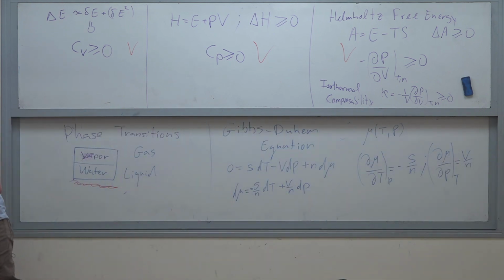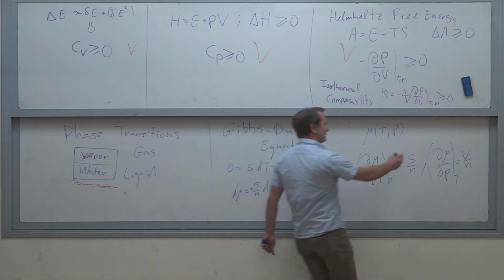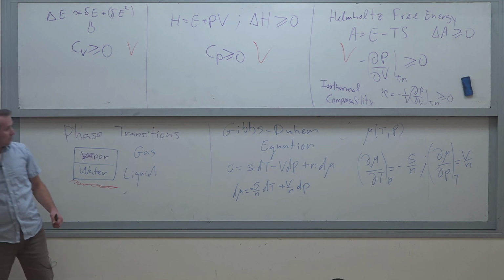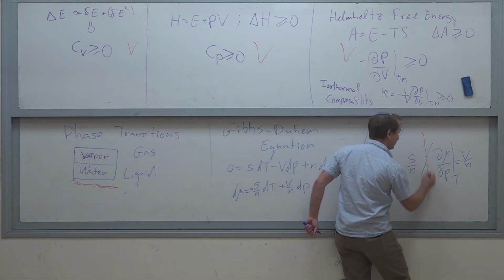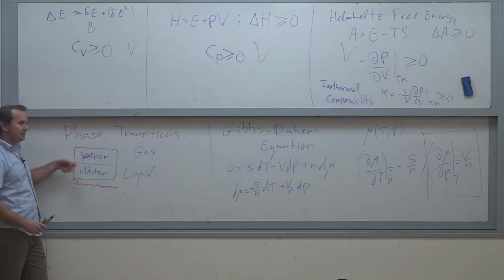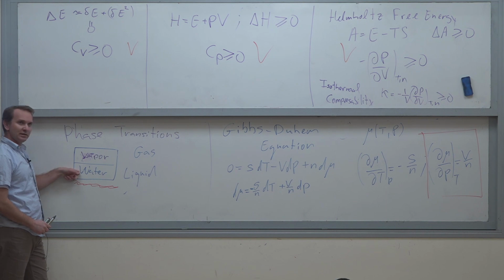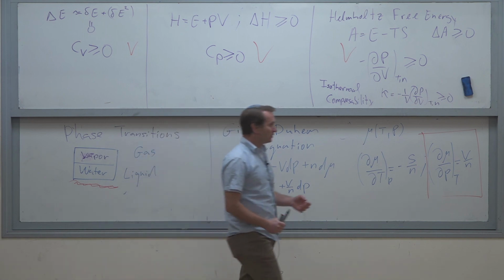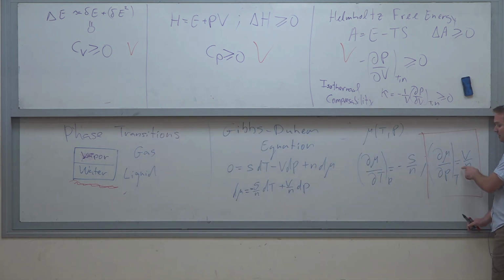Now this is what I wanted to find, this equation over here. Why? You see, I know that the density is jumping. The density of water is much higher than the density of gas. What it means is that if the density jumps abruptly from one point to another, the derivative of mu is discontinuous.